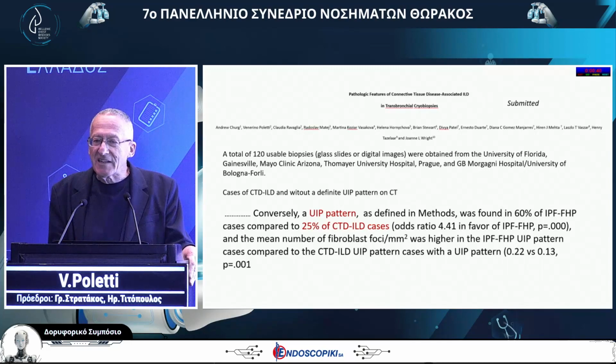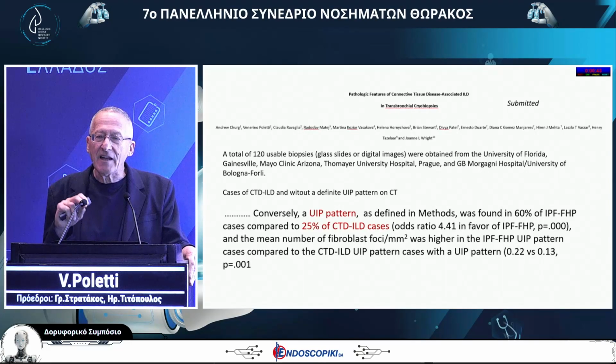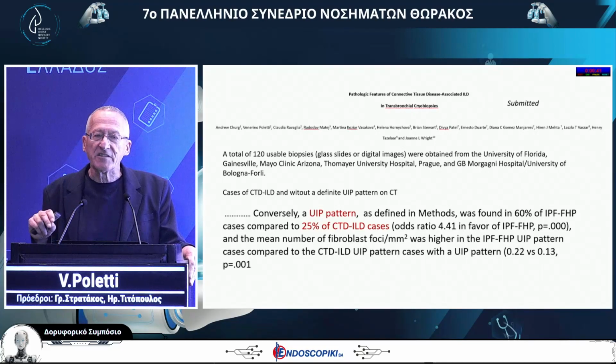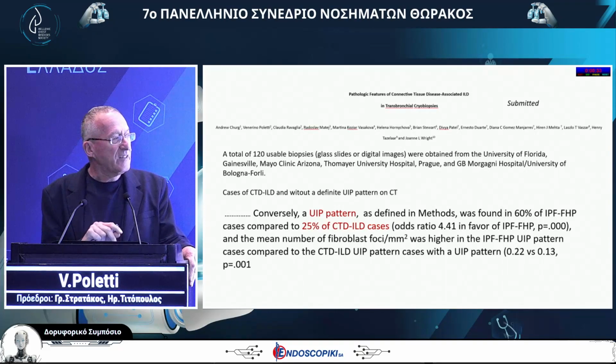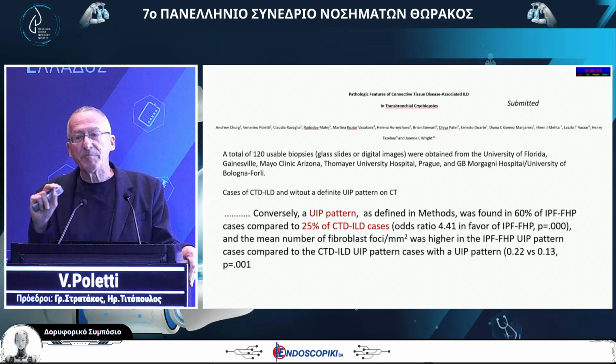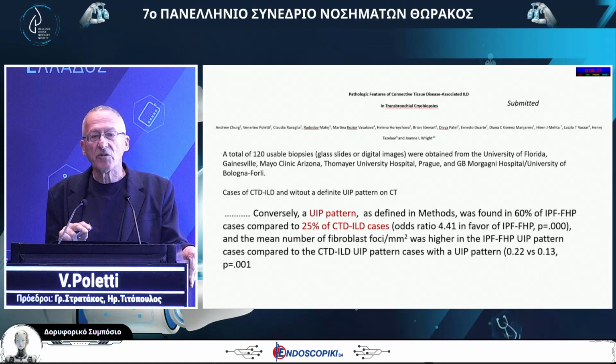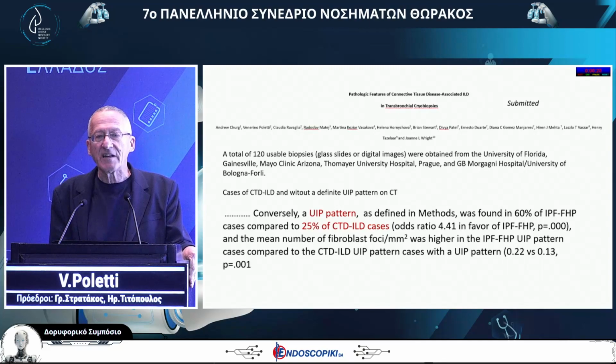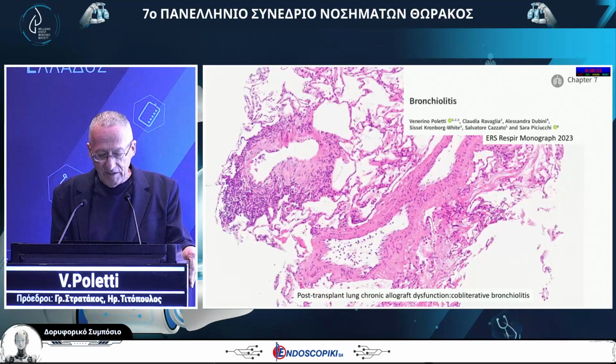Interestingly, these cases had collagen vascular disease. For me, the most important message here is that all the cases didn't have a UIP pattern on CT scan. The most interesting message is that 25% of the cases had UIP pattern.